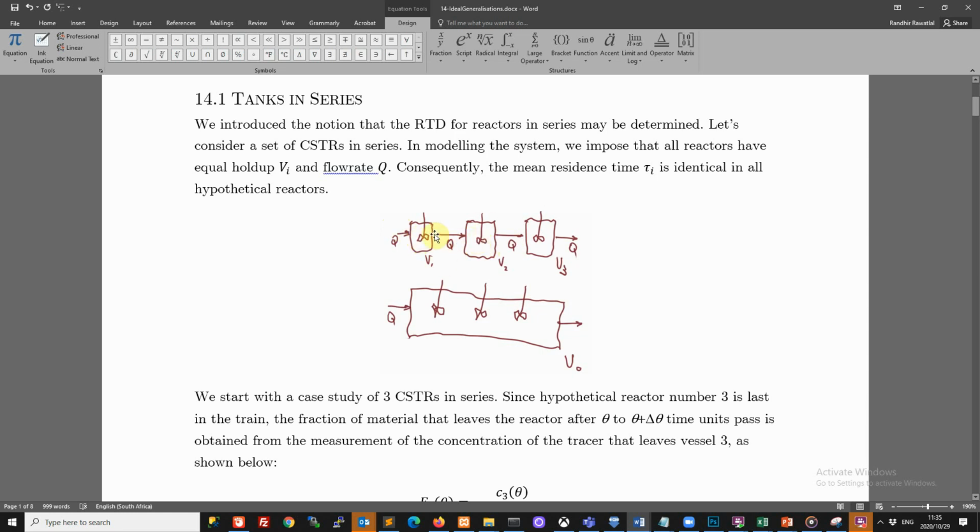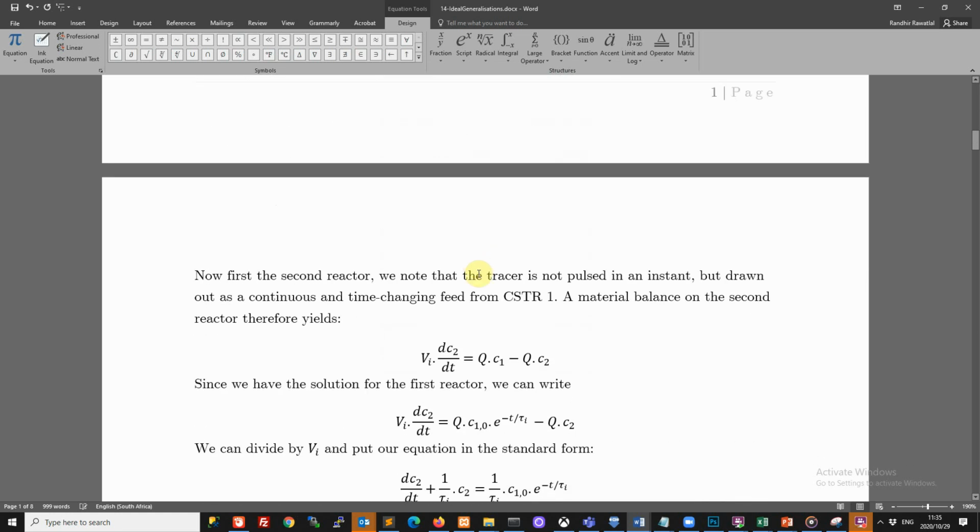In the second tank, because the tracer has distributed itself around the whole space here, not all the tracer is going to exit in the same instant. So tracer will keep exiting the first tank, and so we will have a continuous stream of tracer entering the second tank. And so when we write our balance, we can't ignore the first term anymore. So we develop the balance on the second tank.